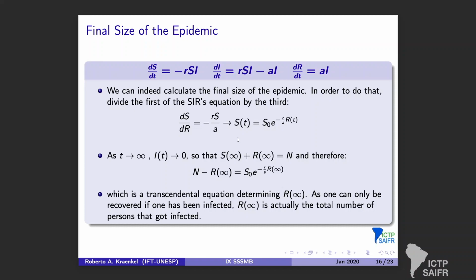And this has been a matter of heated debate, because obviously what you need in order to know the final size of the epidemic is R0.